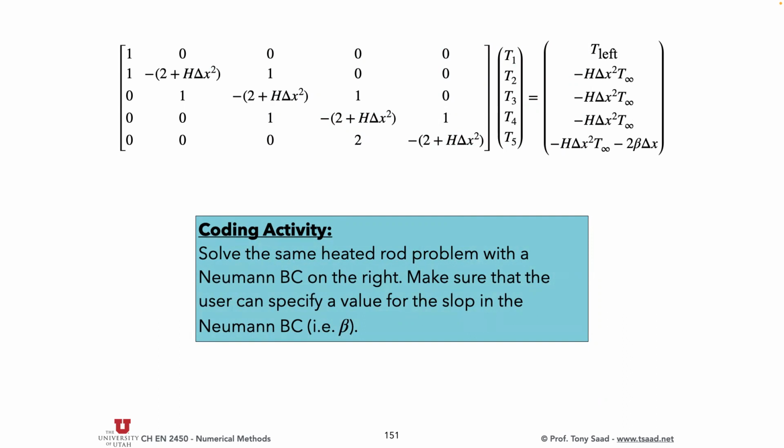So copy paste the cell that we just worked on with Dirichlet conditions. Now you have to change the coefficient matrix just a little bit, right? Only the lower diagonal changed and the last point in the right-hand side changed.